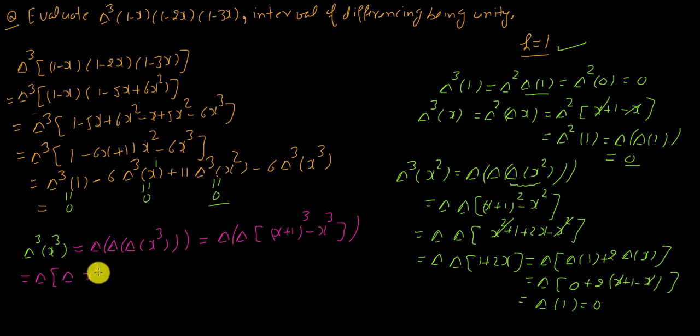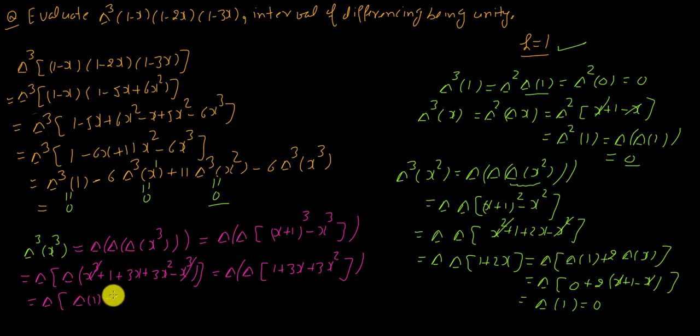Now open the cube, x cube plus 1 plus 3x plus 3x square minus x cube, this will cancel out, so we are left with delta square 1 plus 3x plus 3x square. Fine. So this will distribute over it inside, delta square 1 plus 3 will come out being a constant quantity, delta square of x plus 3 delta square x square.